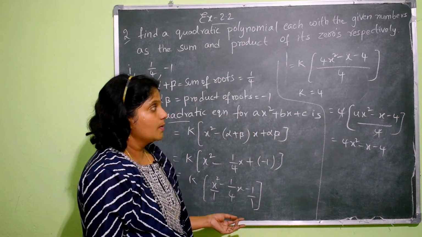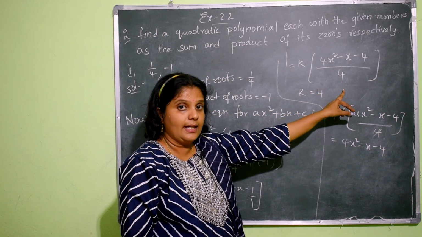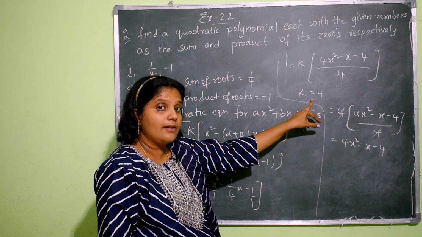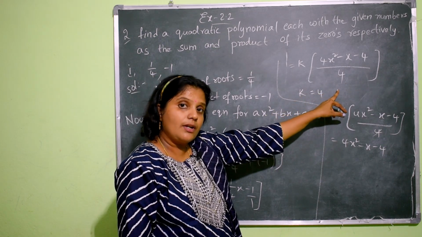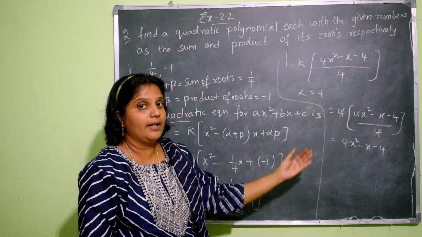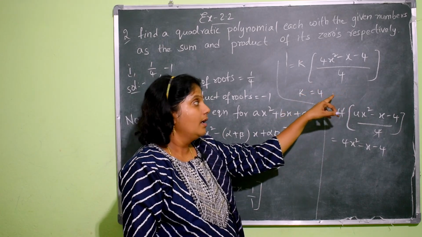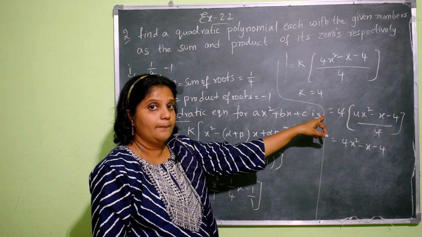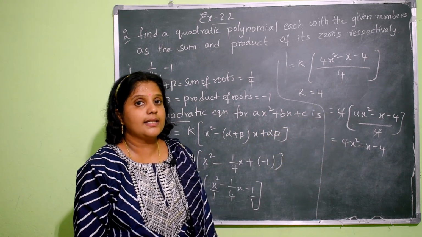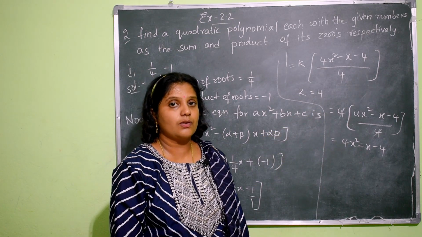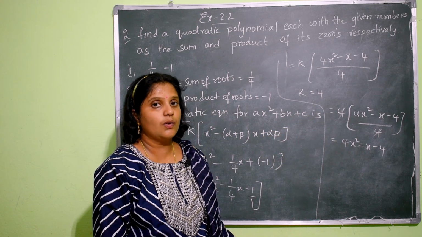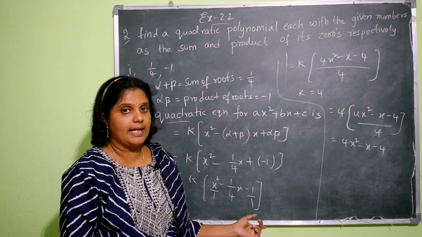Suppose the denominator is 3, we write k value as 3. If the denominator is 5, we write k value as 5. Like that we will write. If the denominator is minus 1, we write k value as 1. We do not consider the negative signs, just the digits only.